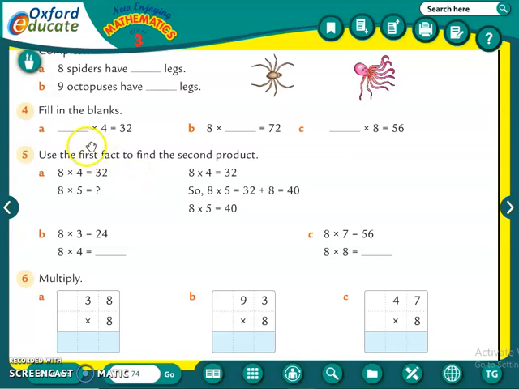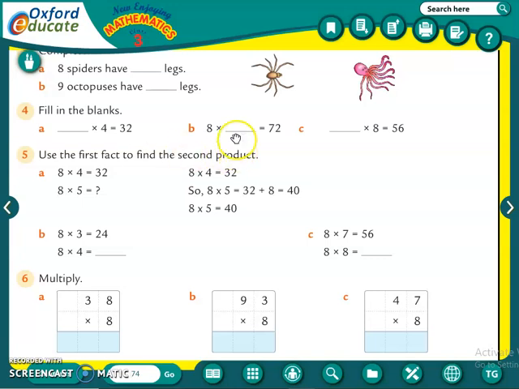Then fill in the blanks. Dash multiplied by 4 is equals to 32. आप अगर आपको टेबल आते हैं तो भी आप अच्छे से ये कर सकते हैं कि कौन से टेबल में 4 से मल्टीप्लाई करने से 32 आता है. So here I am telling the answer is 8, but if you know the table you can do it very quickly.